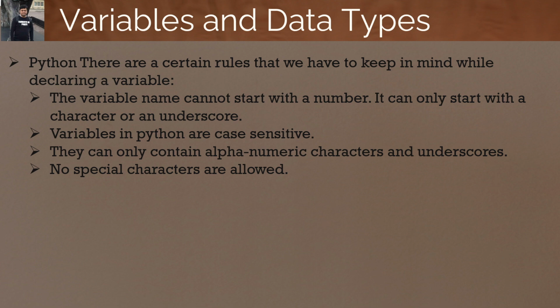Variables in Python are case sensitive, so if you write in different cases, it will be different. They can only contain alphanumeric characters and underscores. No space characters are allowed. So if you see assigning a value to a variable, if your variable is age, then you can assign it as 25. So in this way you can assign the variable a value.